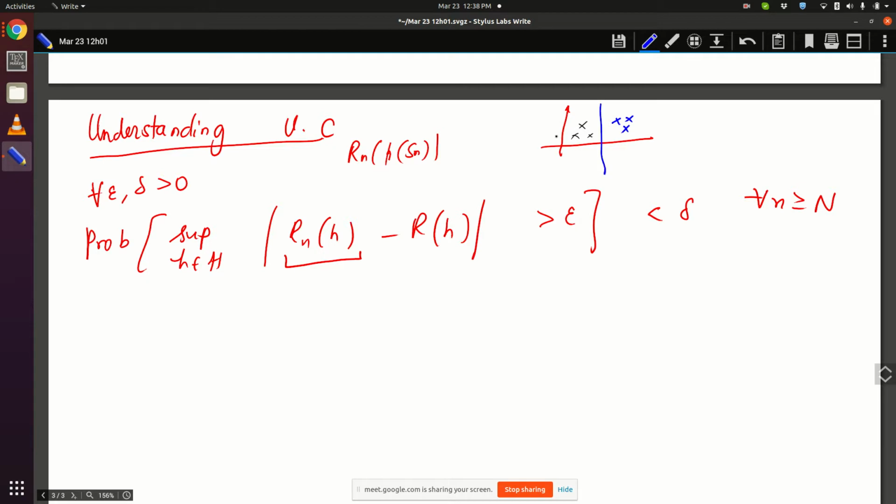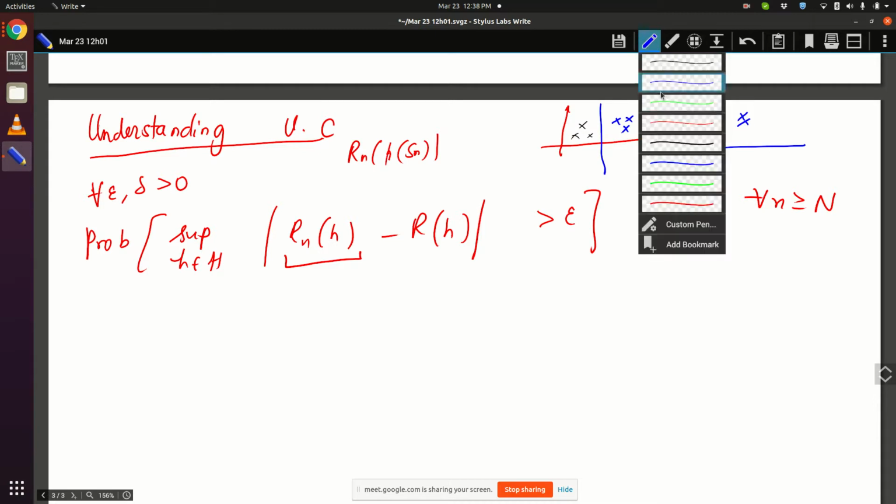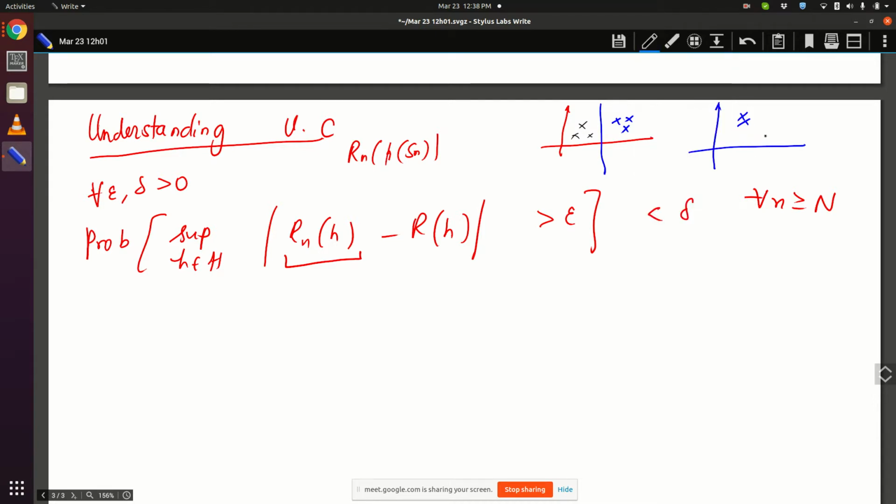For these particular 6 points it is doing correctly, but for 6 other points there can be a few points like this also.